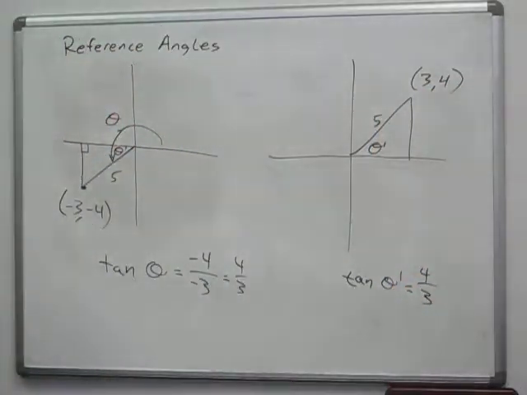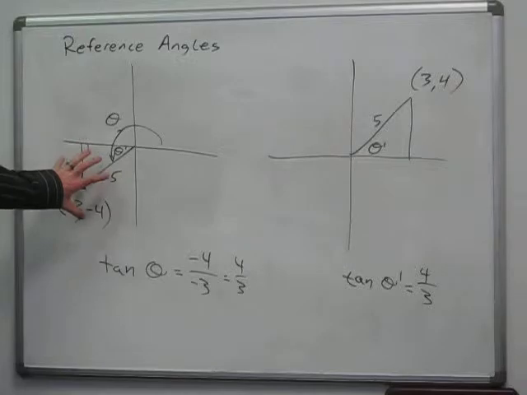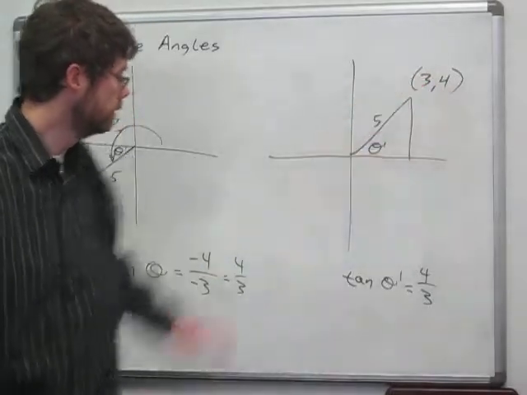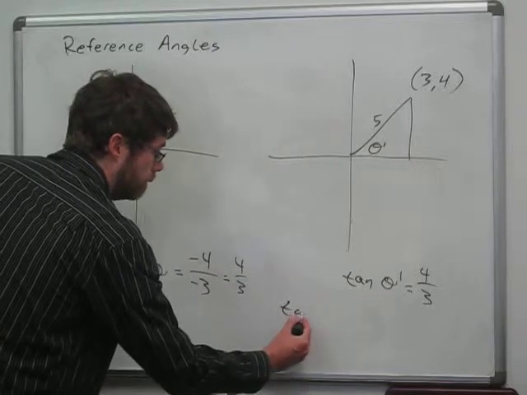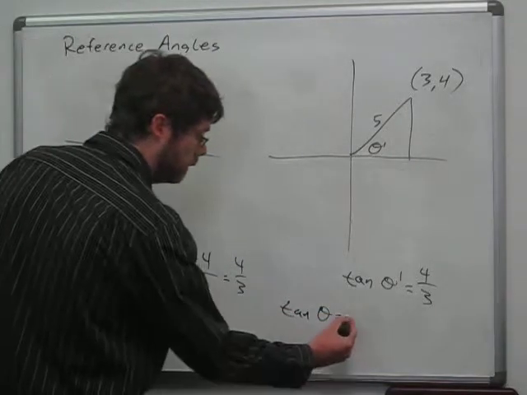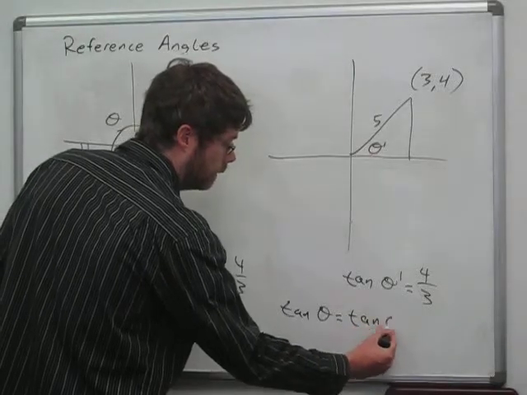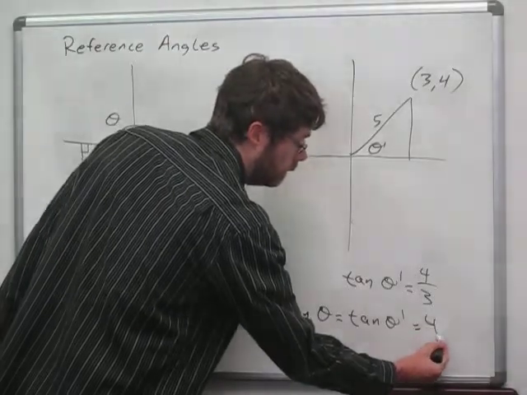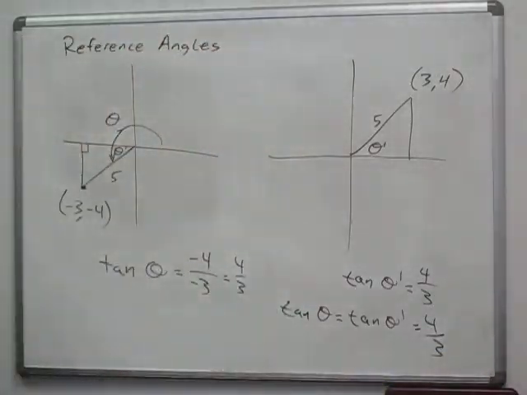And because tangent is positive in quadrant 3 and quadrant 1, I can compute the tangent of this angle by looking at the positive tangent of the reference angle, equal to 4/3.